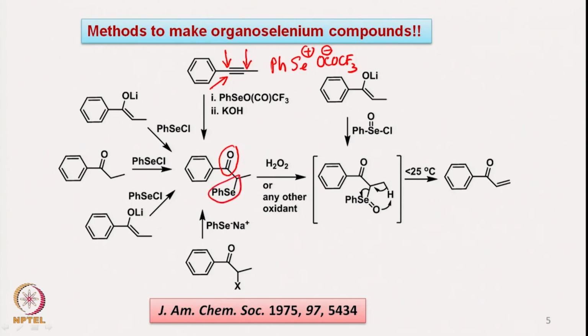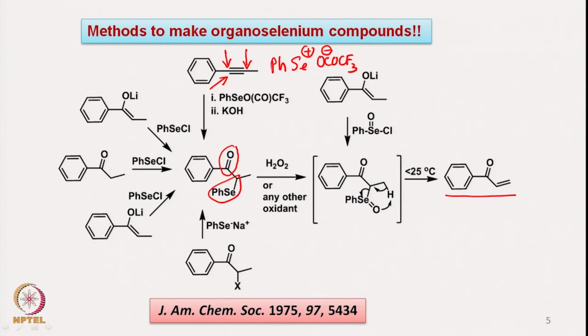So, this is one of the easier ways of getting a selenium compound adjacent to a ketone starting from a triple bond. Now, if one carries out oxidation with hydrogen peroxide or any other oxidant, we can easily make the corresponding selenoxide which undergoes elimination to form this alpha beta unsaturated ketone.